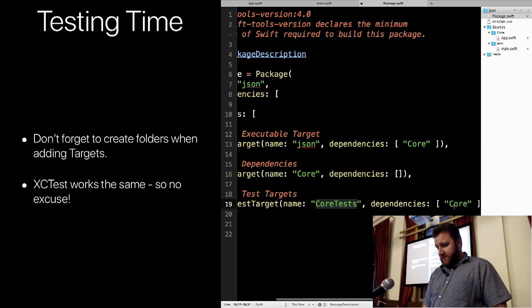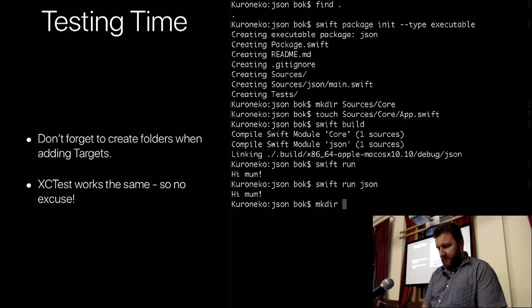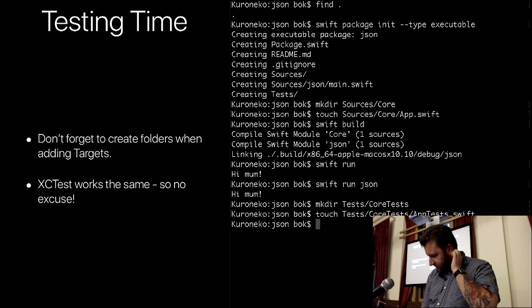And because we're testing core, we depend on core. Same as you'd set up your next code. Same again, we have to, and this gets really annoying really fast, trust me. We have to create test folders. We're going to call it core tests to match our target name. And then inside core tests, we're going to create app test.swift. Cool.